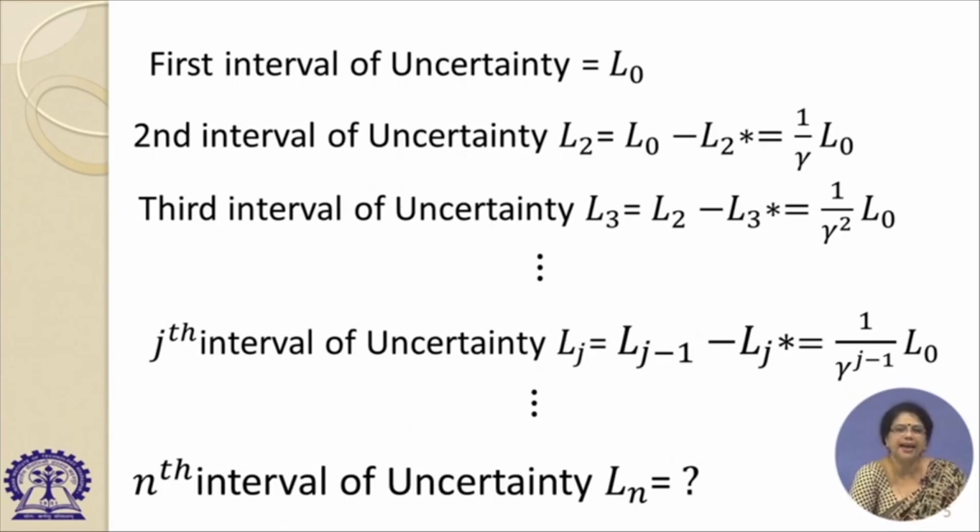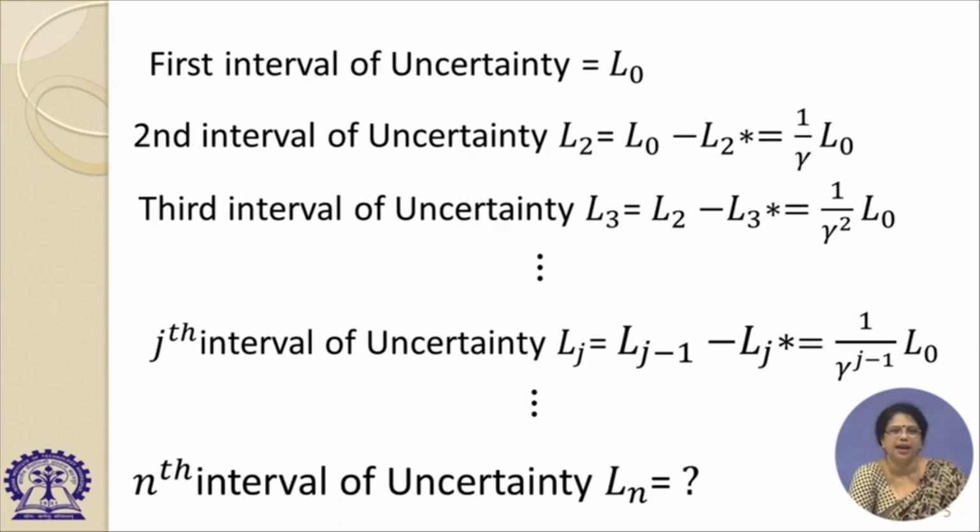The second interval of uncertainty would be L naught minus L2 star, because we have considered 2 points, L2 star distant apart from both the ends. After region elimination, one part will be eliminated, so the new interval of uncertainty would be L naught minus L2 star, that will be L2. In this way we will proceed, and the jth would be Lj minus 1 minus Lj star.